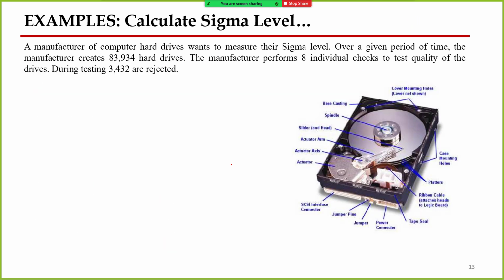Now, in this particular example, can anyone tell me the number of defects, the number of opportunities, and the total number of units?